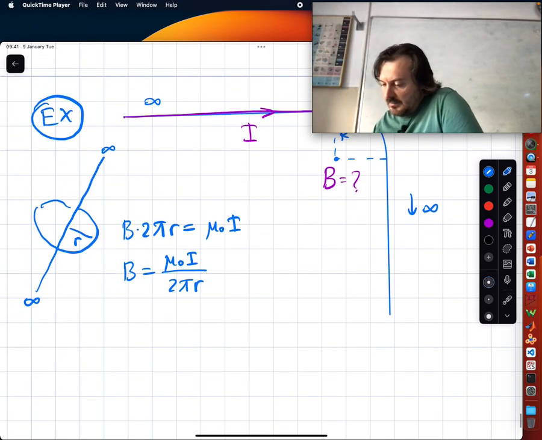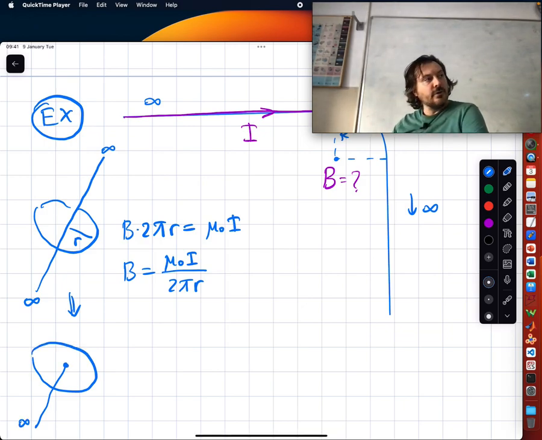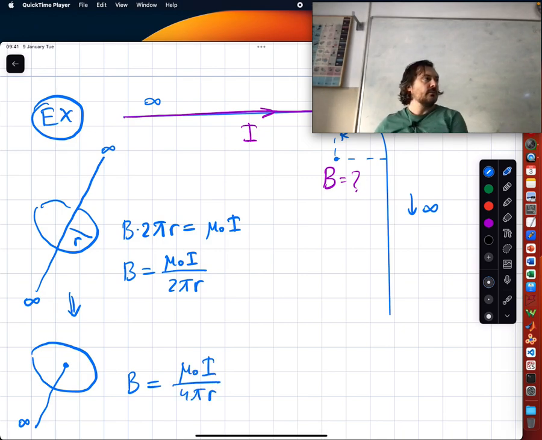But if you have a semi-infinite wire, then you just say, okay, this is half of the infinite wire, so B must be half of the total B. That's what we are doing here.